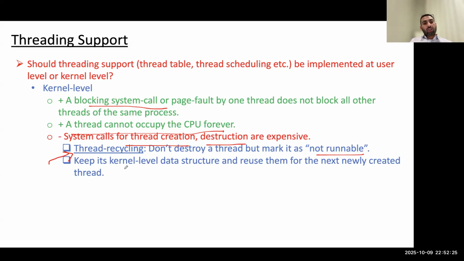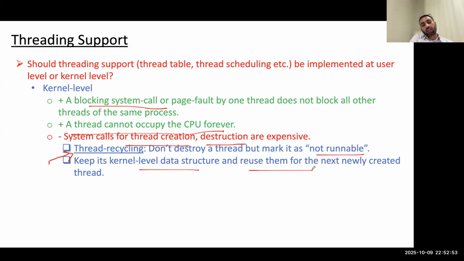And then you keep all the kernel level data structures for that particular thread which was supposed to be destroyed, and then you reuse them for the next newly created thread. So let's say thread one is to be destroyed, so you just mark its entry as not runnable, and any kernel level data structures which were needed for successfully running thread one, you keep them.